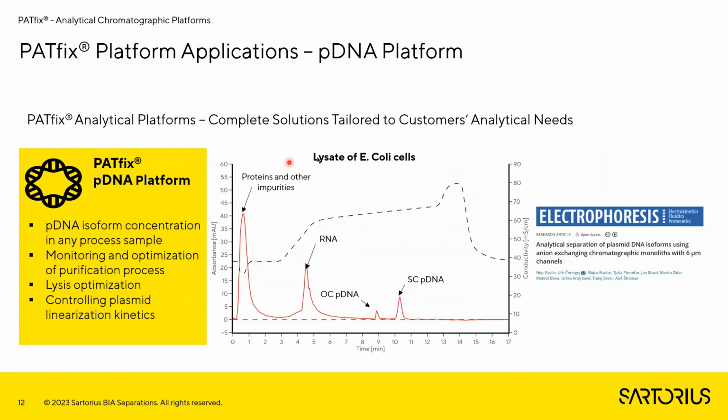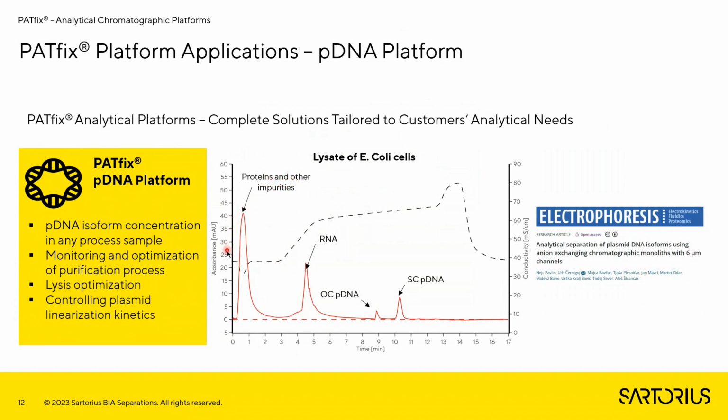Here is one example chromatogram showing you the lysate of E. coli cells. This is known to be quite a dirty sample, and all these components of this sample can be really nicely separated and determined using this pDNA platform.